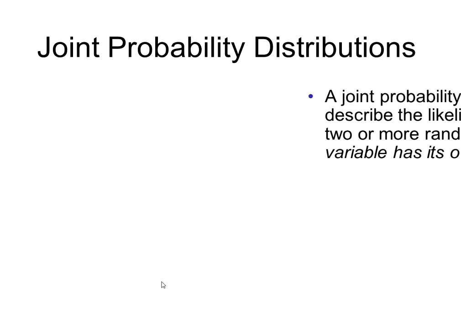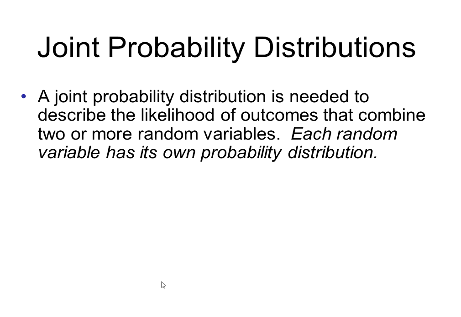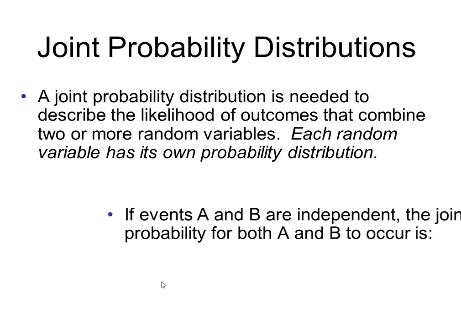So now let's talk about joint probability distributions, because we have two different variables. We have annual benefit and we have useful life. A joint probability distribution is needed to describe the likelihood of outcomes that combine two or more random variables, and each random variable has its own probability distribution.